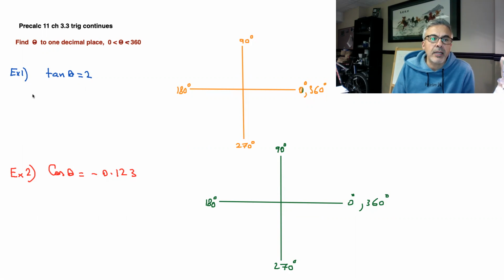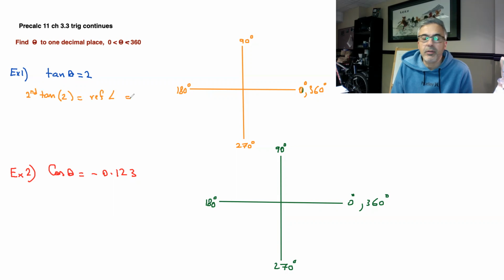And what you do in the calculator is just go second tan of 2. And that will give you what the reference angle is. Make sure you're in degree mode because we're doing things in degrees. Next year we'll be doing them in radians, but just make sure you go to your mode and make sure you're in degree mode.